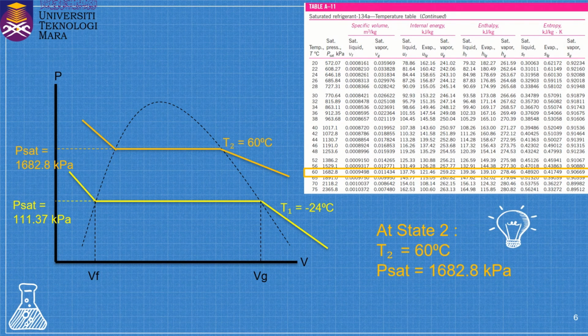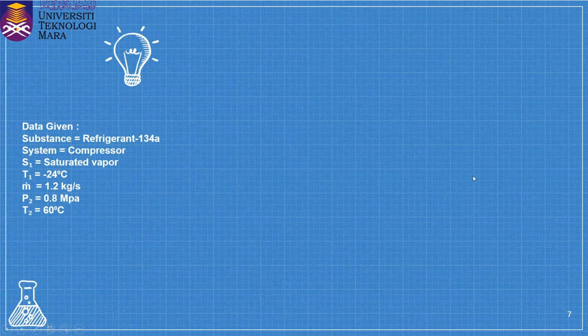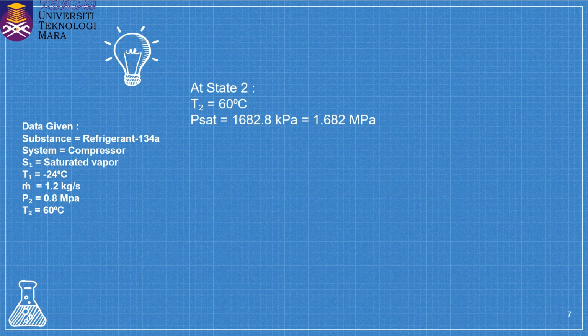At step 2, we can see that the saturation pressure is 1682.8 kilopascal at a temperature of 60 degrees Celsius. From the data given, P2 is equal to 0.8 megapascal at 60 degrees Celsius. But according to the property tables, at 60 degrees Celsius the saturation pressure is 1.682 megapascal.